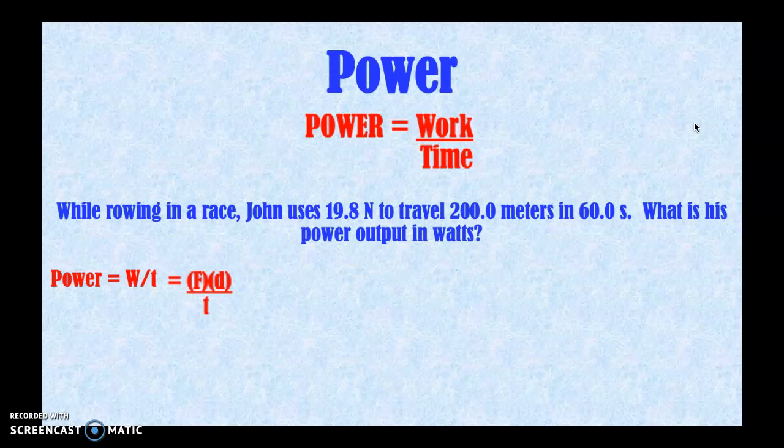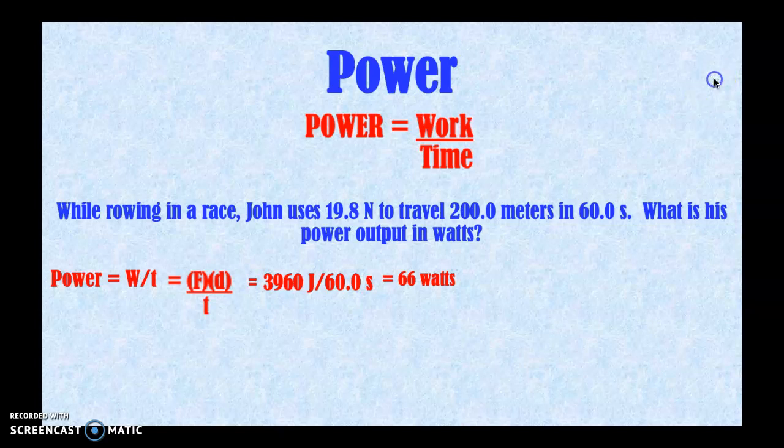So we're simply going to plug in 19.8 newtons and the 200 meters. Multiply those together, and we will get 3,960 joules. We then divide that by the time of rowing, in this case 60 seconds, and you will get 66 watts. Okay, again, watts is the unit of measurement for power.